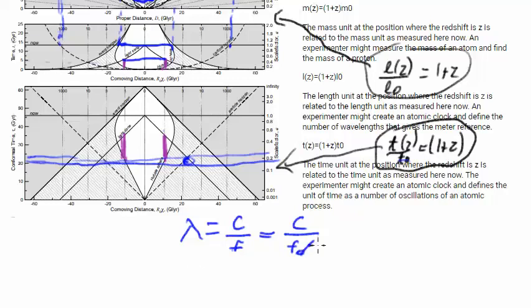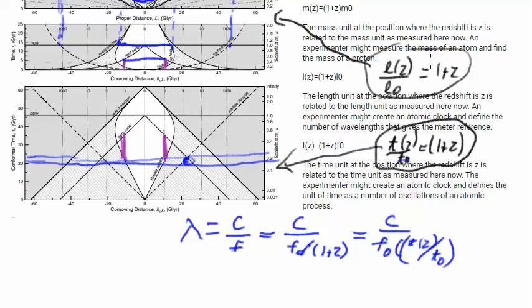So it's f sub naught over 1 plus z, which is the same as f sub naught times t of z, the speed of time here, divided by t sub naught, the speed of time now.